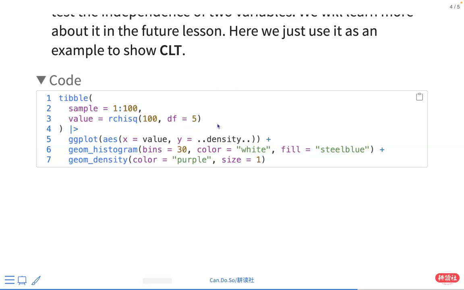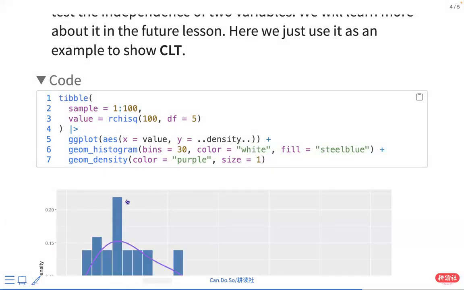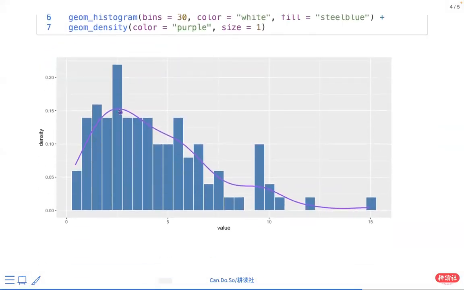Don't worry about what the degrees of freedom means; we will cover it when we learn the chi-square itself. We use ggplot to make a histogram and density, and it will look like this. Yes, it's right-skewed, which means there is a long right tail.